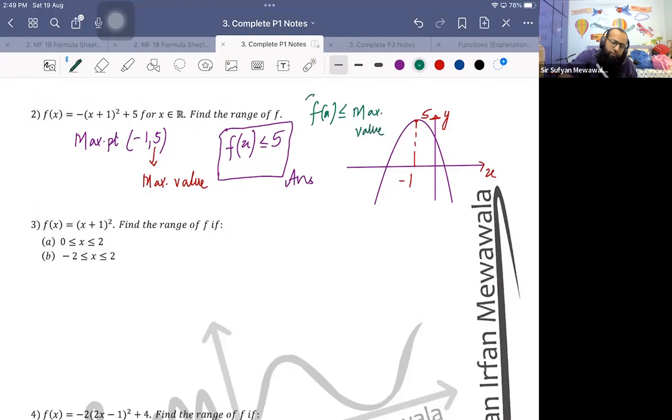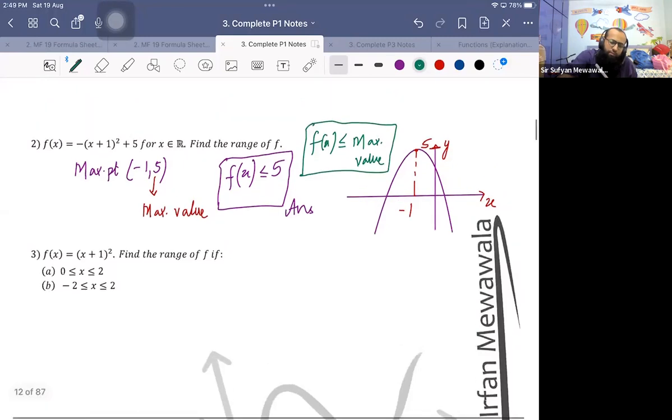In case of a quadratic function, if the domain is x belongs to real numbers and the function is a quadratic function, then the range is going to be f(x) is less than equals to maximum value.